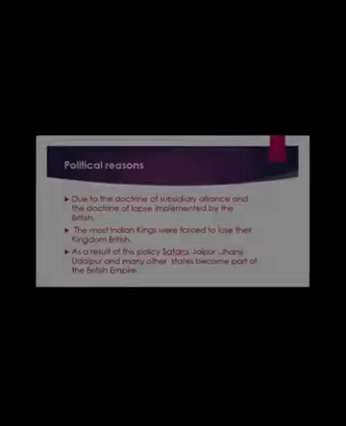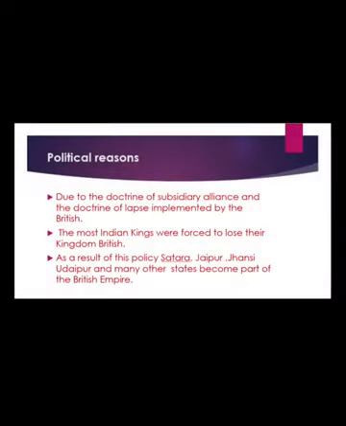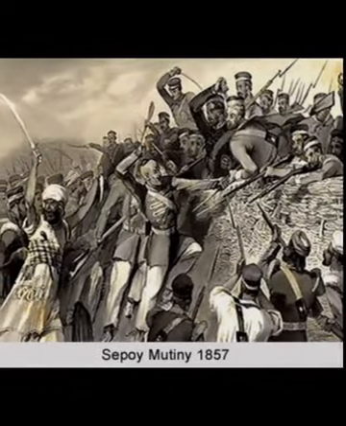Political reasons. Due to the doctrine of lapse implemented by the British, many Indian kings had to lose their kingdoms. As a result of this policy, Satara, Jhansi, Udaipur, and many other states became part of the British Empire.